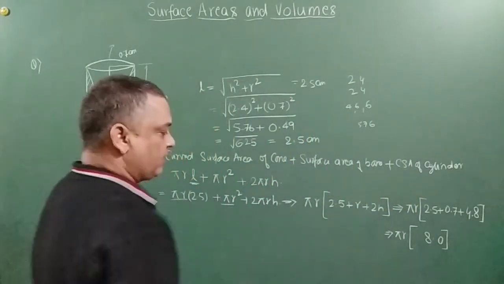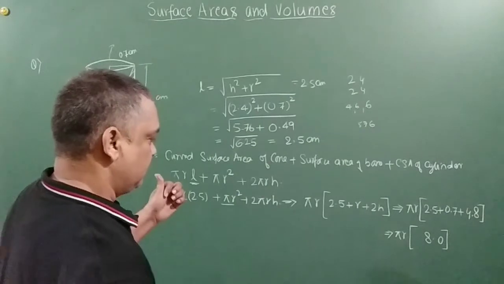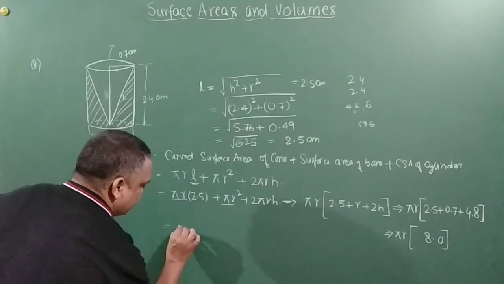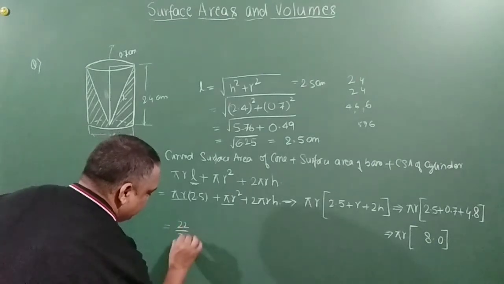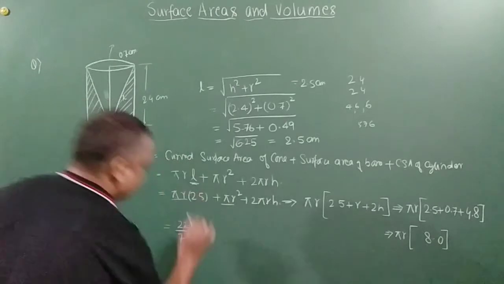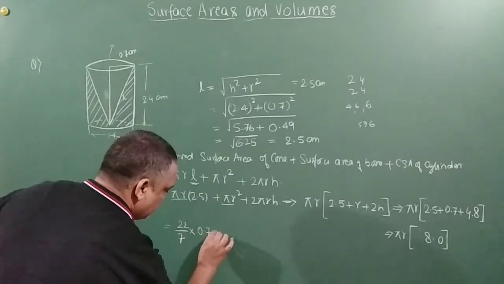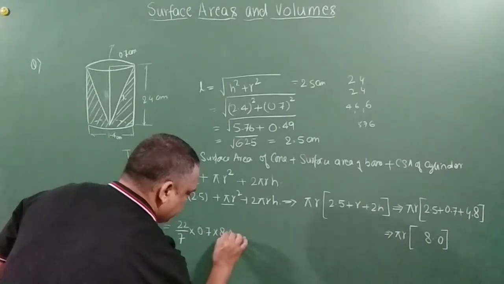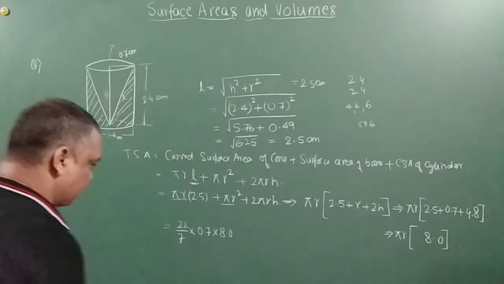So now what we will do is replace pi, r and 8 and then try to find the answer. Pi is nothing but 22/7. We will take 22/7 into radius, nothing but again 0.7, into 8. Right, friends? So with this we will try to solve it.